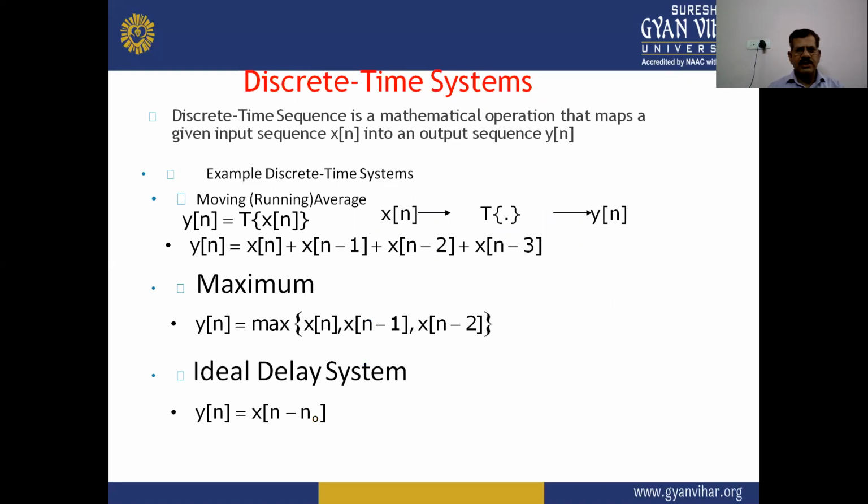Example discrete time systems: moving running average y[n] = x[n] + x[n-1] + x[n-2] + x[n-3]. For maximum, y[n] = max(x[n-1], x[n-2]). Ideal delay system y[n] = x[n - n0].